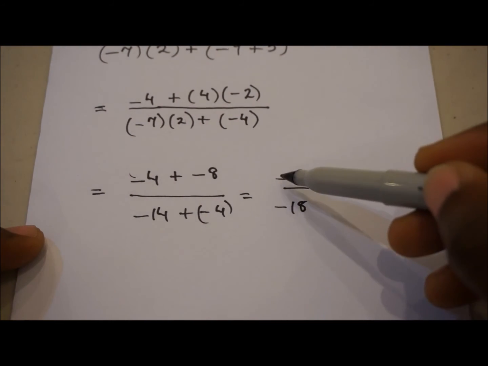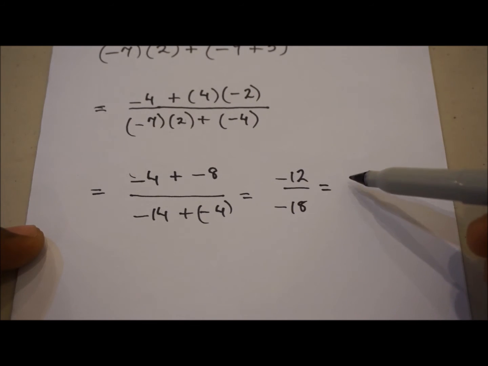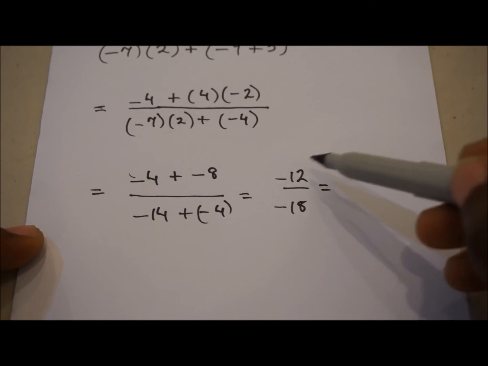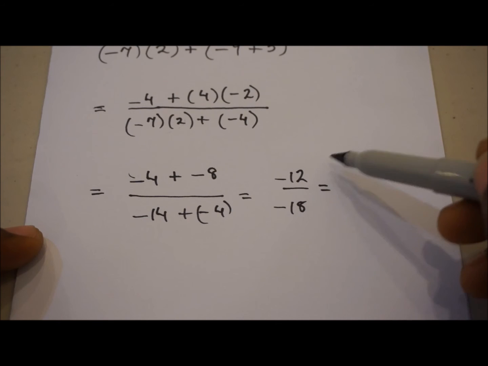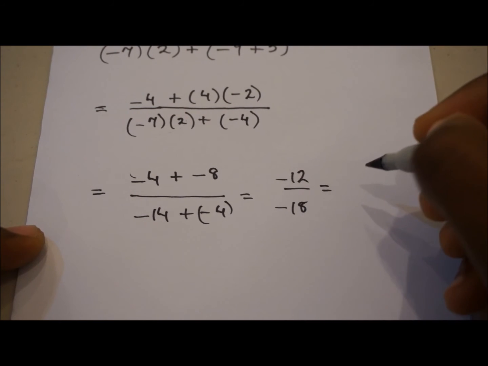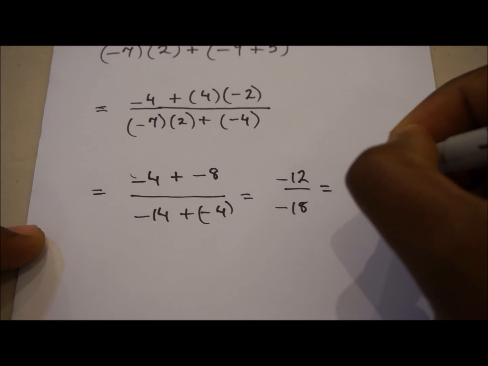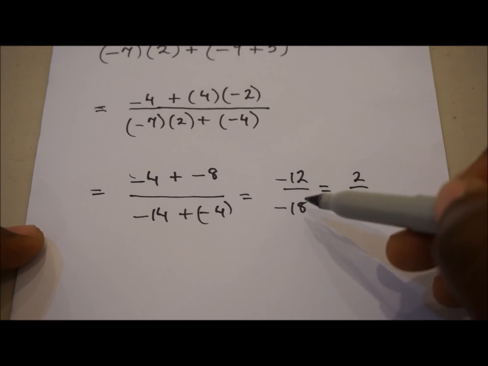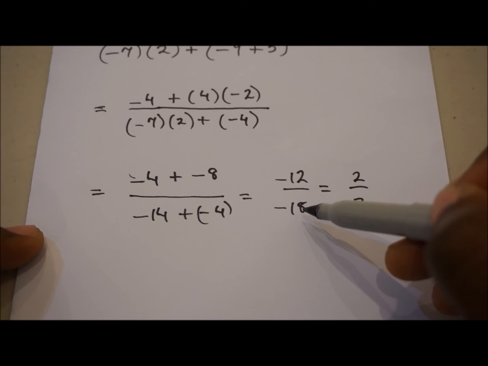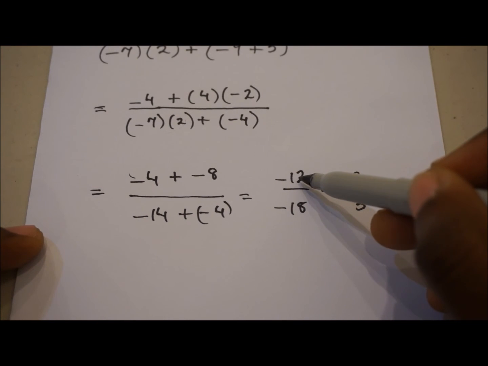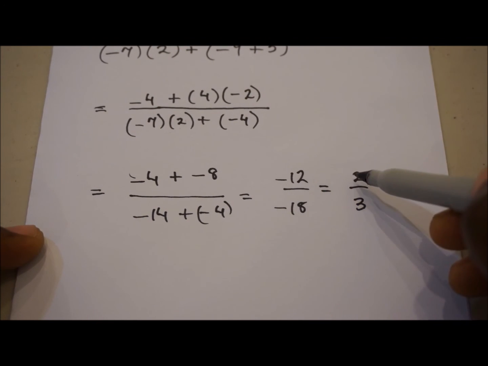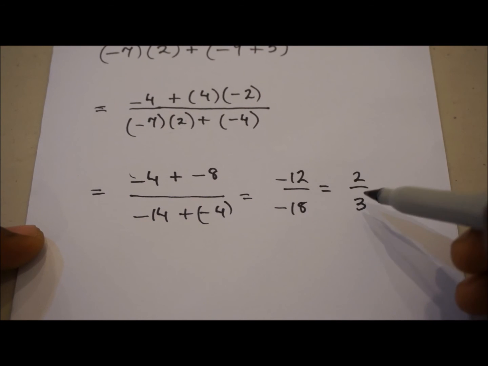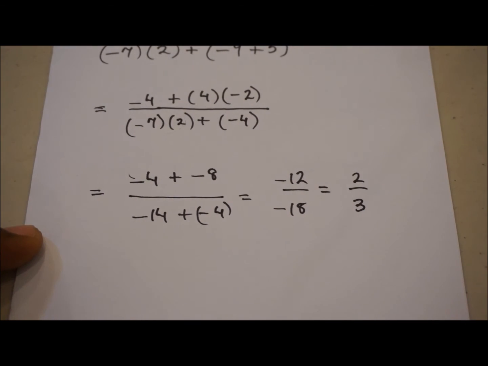And from there, I know I have a negative divided by a negative, therefore my answer must be a positive answer, and I can simply break down my fraction as much as I can. So in the end, I would end up with 2 over 3. Why? Because both 12 and 18 can be divided by 6. 12 divided by 6 gives me 2. 18 divided by 6 gives me 3. So my end answer is simply positive 2/3.